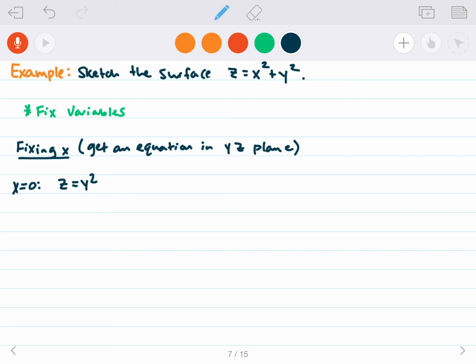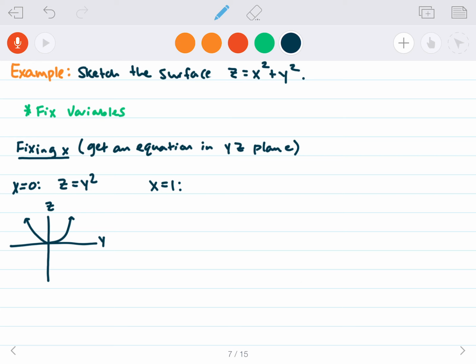And what I want to do is show you what this looks like on the graph. And imagine that your y is right here and your z is right here. So we're plotting on the yz plane. And this guy is just a parabola, right? At x equals 0, we have this guy right here. Just a little basic sketch for you. Let's choose some other x values. How about when x equals 1?